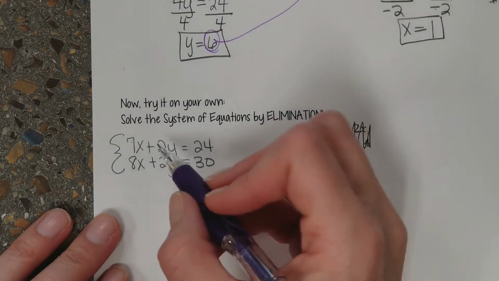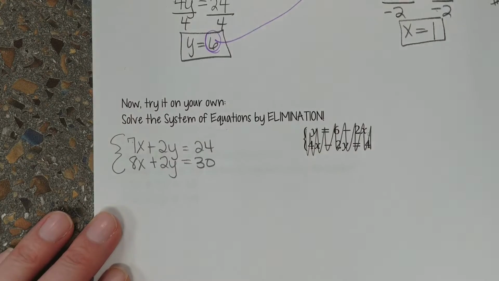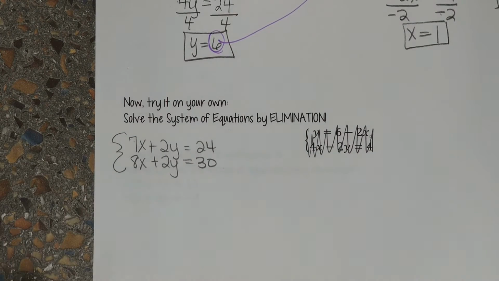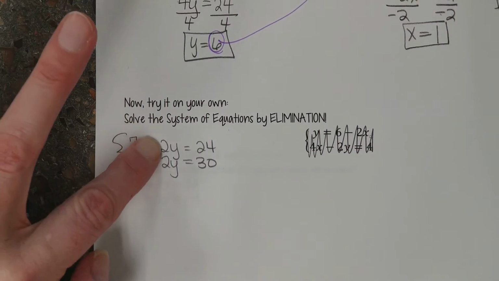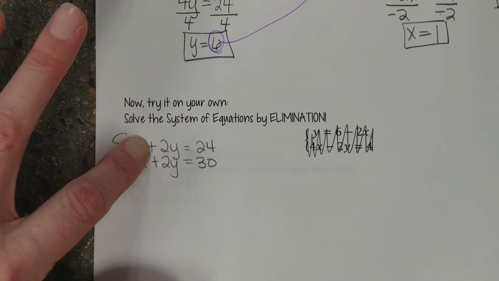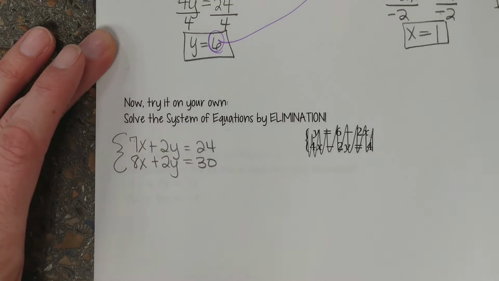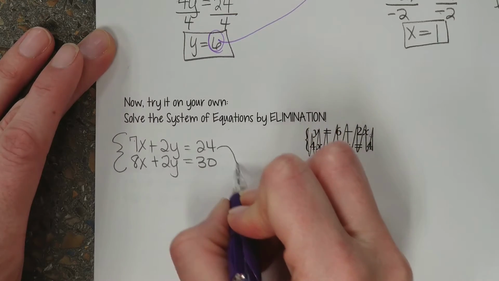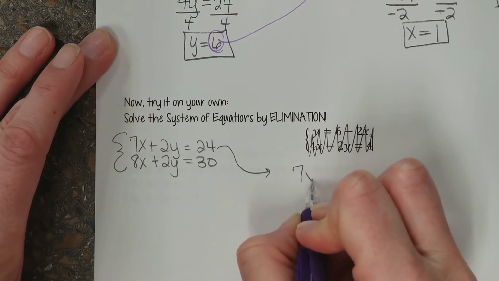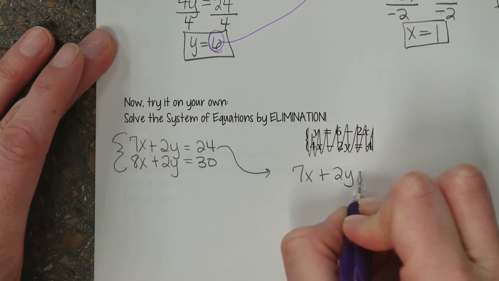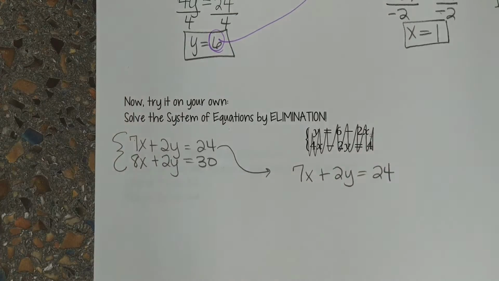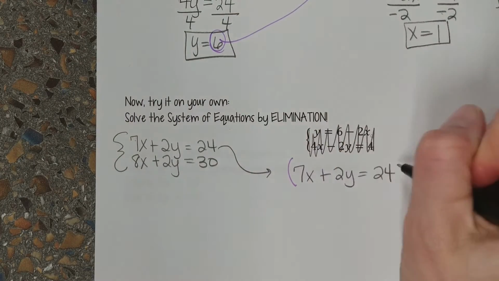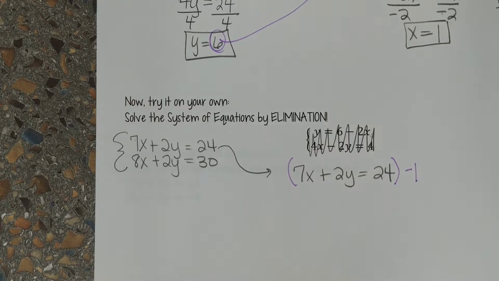So in order to make this 2 negative, I need to multiply it by a negative 1. A -1 will keep the 2 but change the sign in front of it. But I can't just multiply the 2. I have to multiply the whole equation. Okay, so I'm going to take this over here and I'm going to take 7x plus 2y equals 24, and I'm going to multiply the whole thing by a -1.